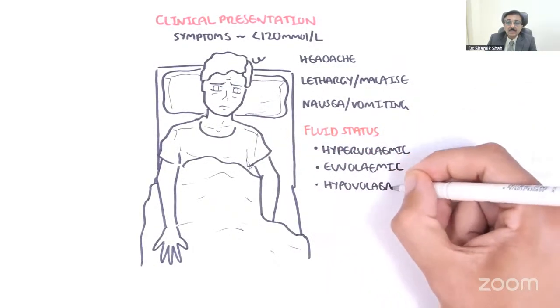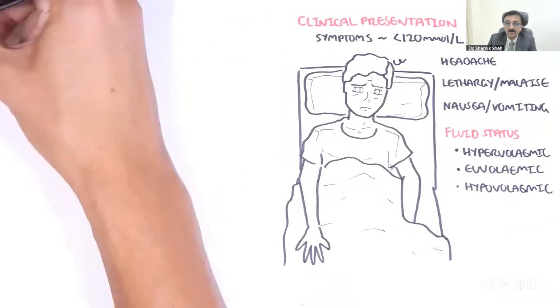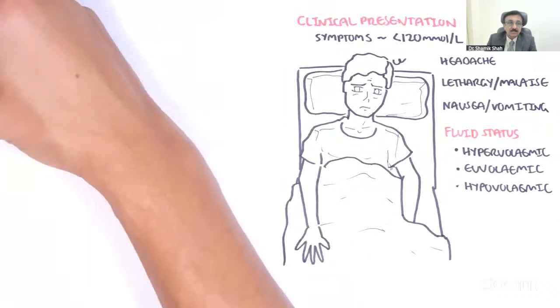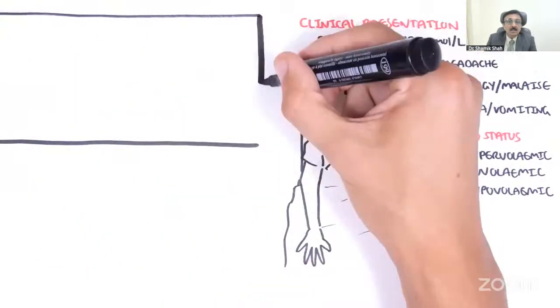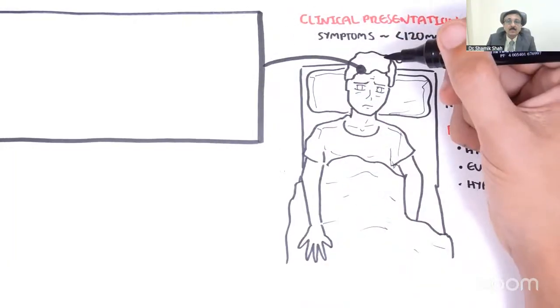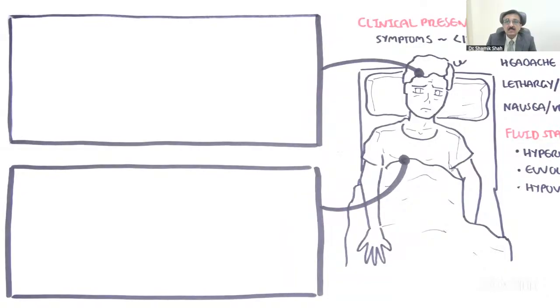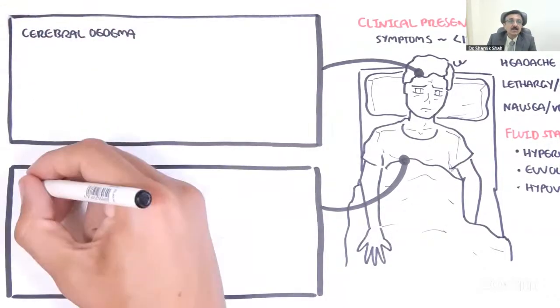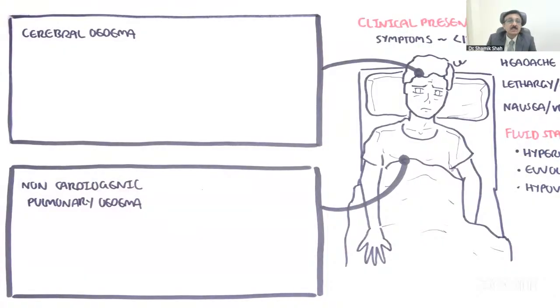When we evaluate the patient, of course, we have to see whether the patient is hypervolemic, euvolemic, or hypovolemic, according to the clinical condition of the patient. And when we see these symptoms, patients can have cerebral edema because of the low sodium.